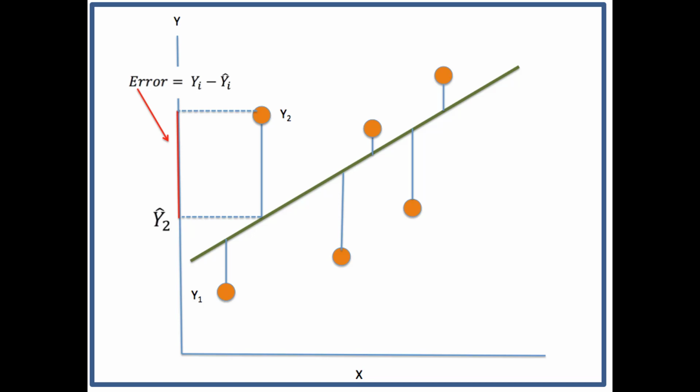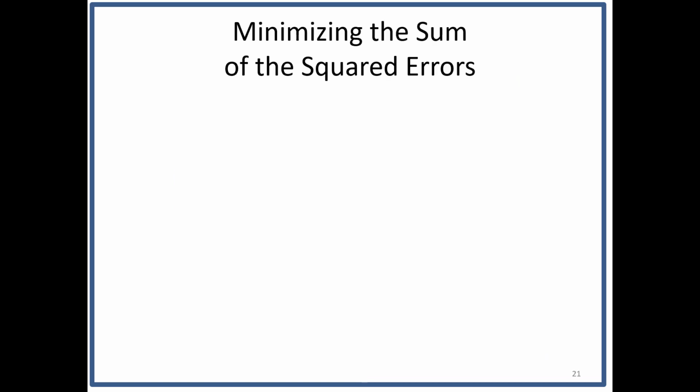And that represents the y distance between the observed and the predicted value. And what ordinary least squares does is find the line that minimizes the sum of the squared errors.